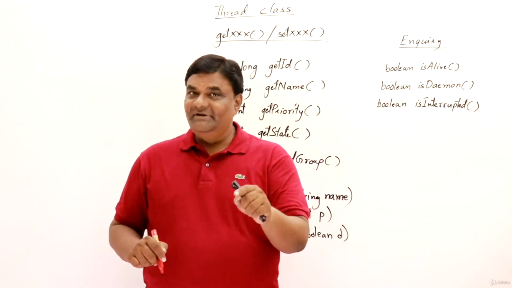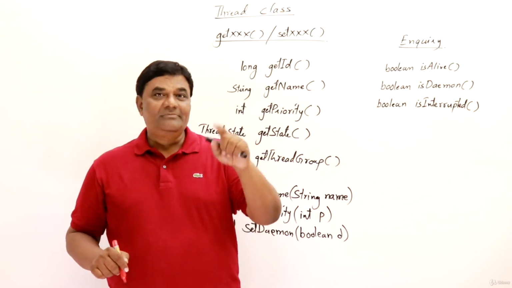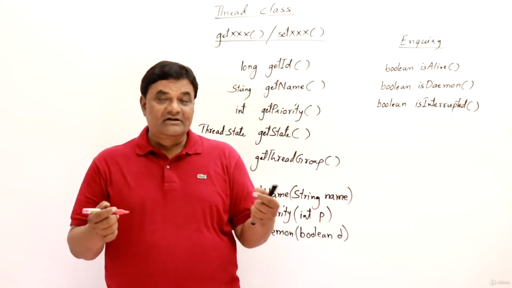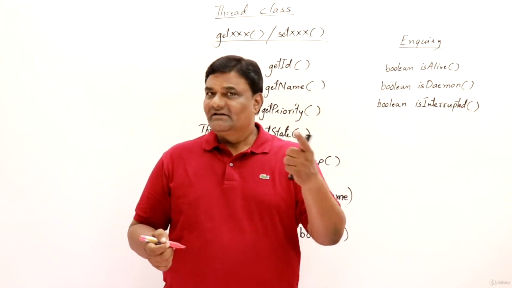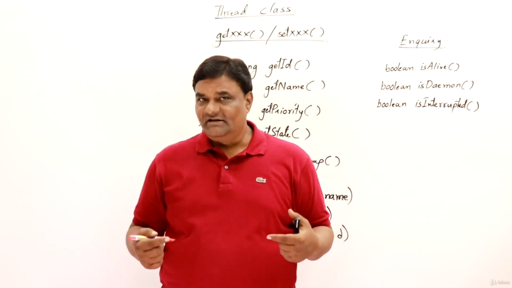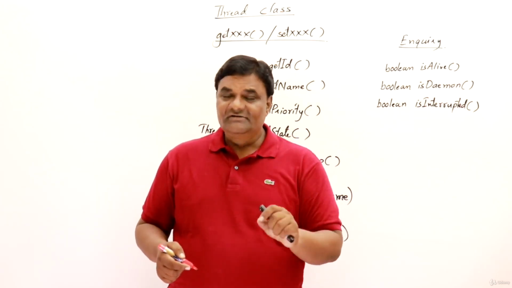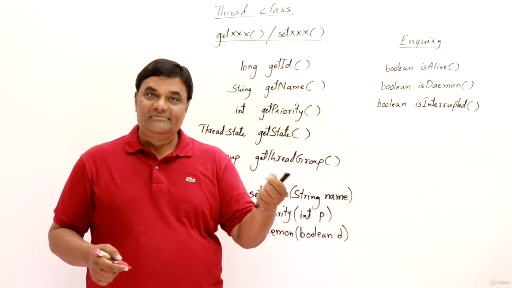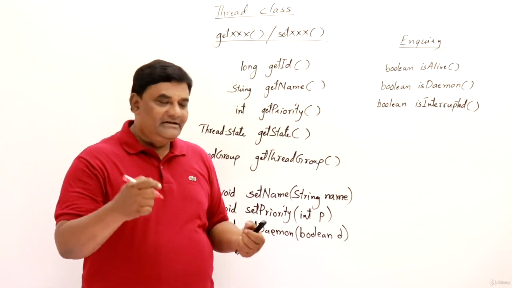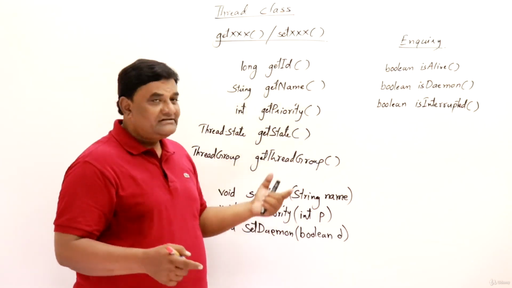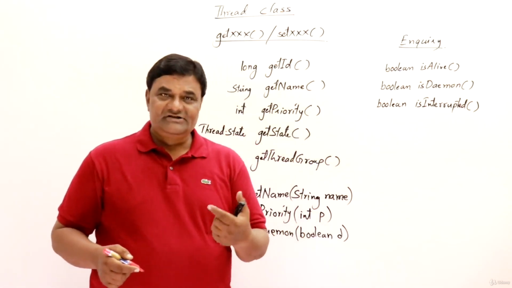If a thread is sleeping, you can interrupt it and stop it from sleeping. A thread can be interrupted by some other thread, or it can interrupt itself. So you can know whether the thread is interrupted or not. We'll see the demo for all these things. I'll use these methods and show you in the demonstration.